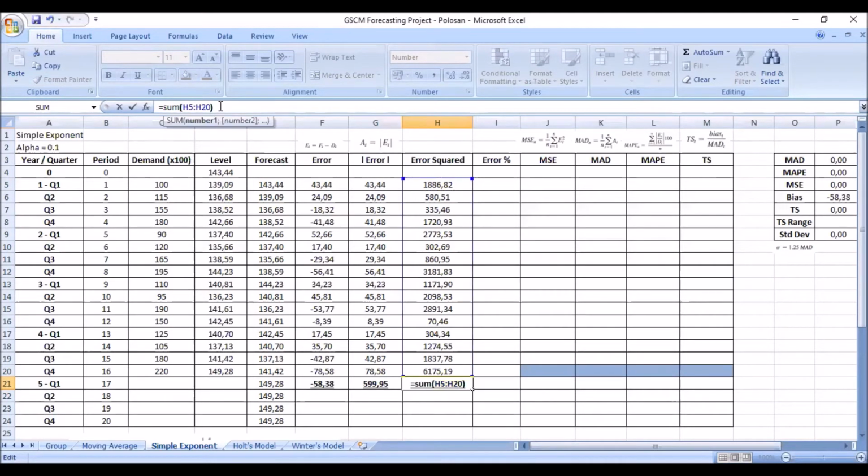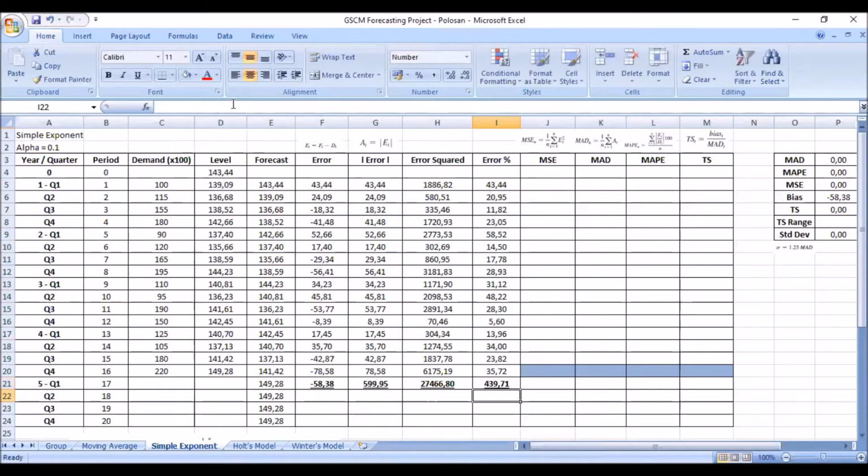Sorry, my bad. After that, we find the error percentage, which is 100 multiplied by the error, the absolute error in this case to make it safe and positive, divided by demand. And there we have it. We finally found our first error percentage, and we're just going to sum it up again to be used for the MAPE.